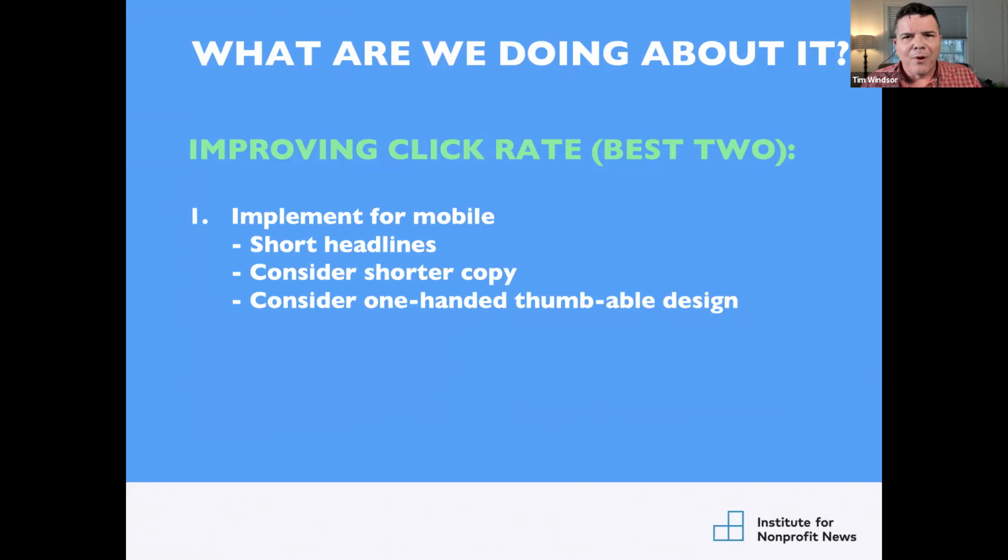If you give them a brief synopsis of what they're about to click into, that respects the fact that it's a small screen and that there's a limited amount of space and that they don't have to scroll a lot, that's helpful too. So consider shorter copy, maybe even A/B testing shorter and longer copy.